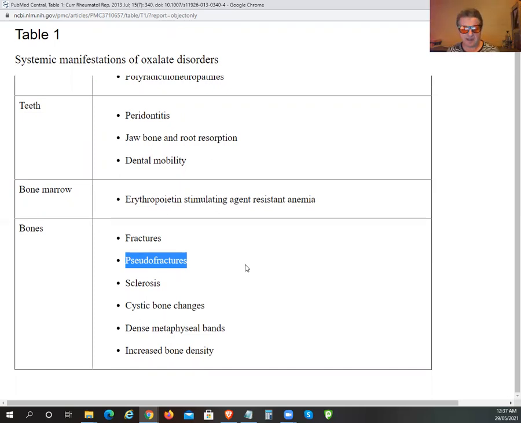So one, they end up with poor bone for a number of reasons. They're low. But to some extent, they're probably also adding quite a bit of oxalate to their bone structure, which is exacerbating these issues even further.